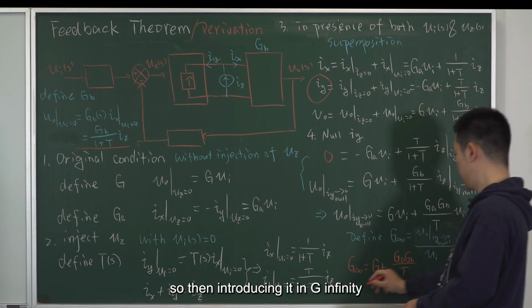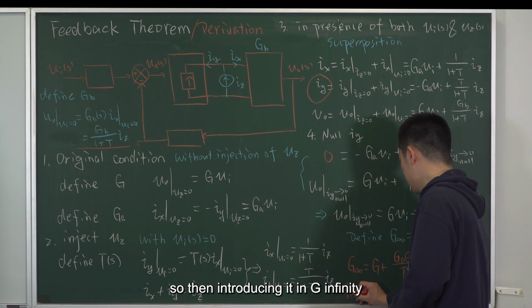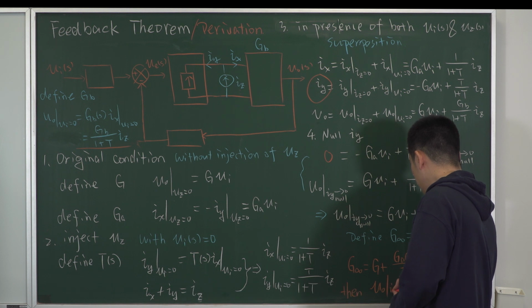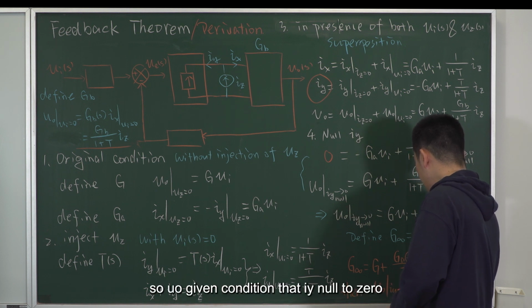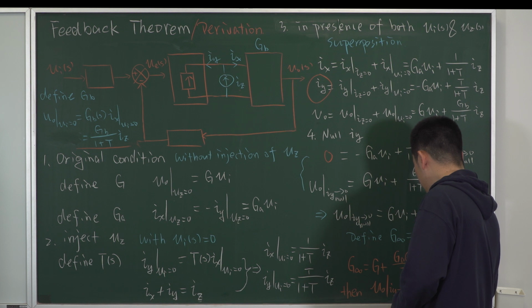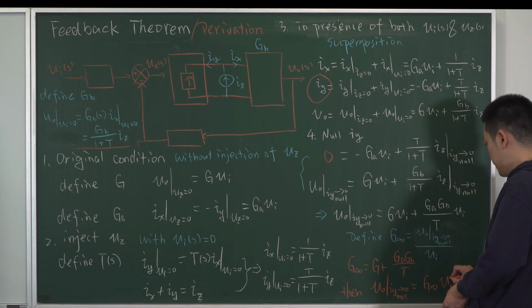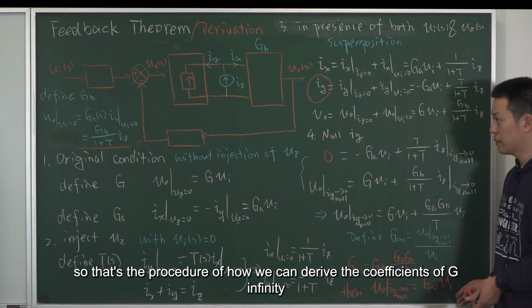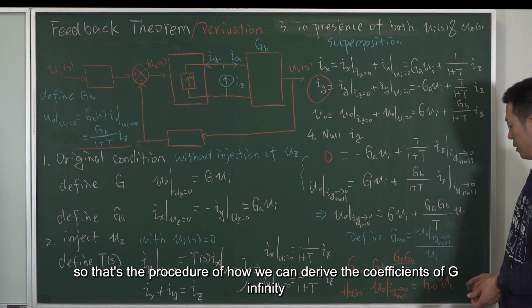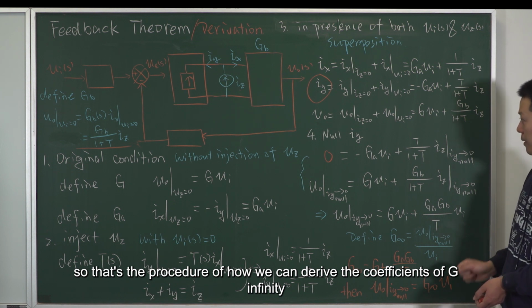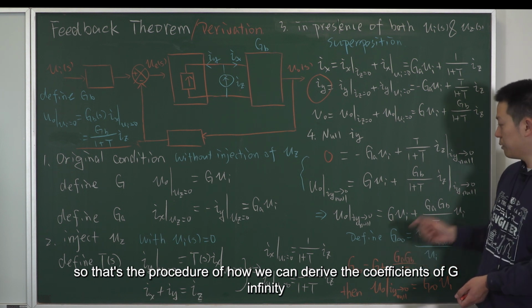So then, by introducing G infinity, UO, given condition that Iy is nulled to 0, equals to G infinity times Ui, right? So that's the procedure of how we can derive the coefficients of G infinity.